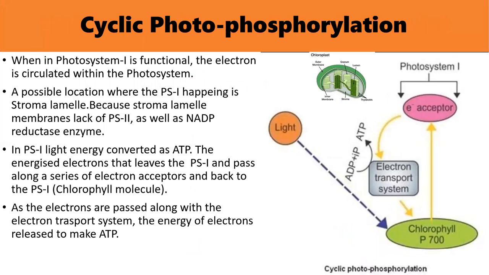Cyclic photophosphorylation. In cyclic photophosphorylation, photosystem 1 is functional. To understand what photosystem 1 or photosystem 2 is, you can watch my previous video about the light harvesting complex and photosystems.